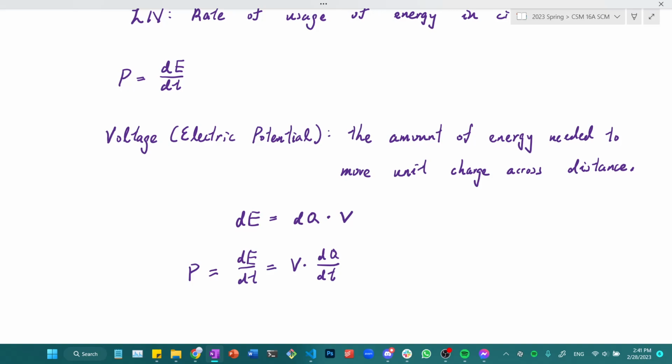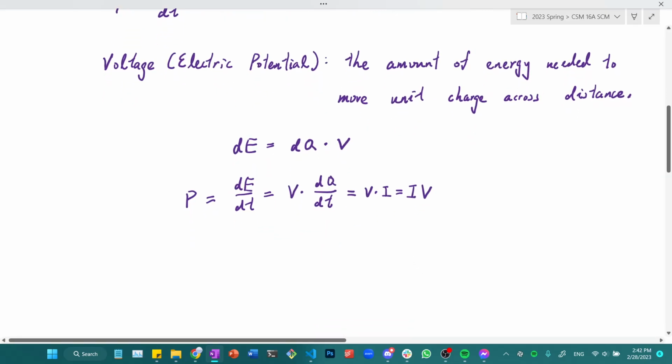We know that the rate of change of charge across time on the circuit component is just the current flowing through it, which is why we're able to say P is equal to V times I, or more frequently you will see P equals IV. So this is where the equation P equals IV comes from.